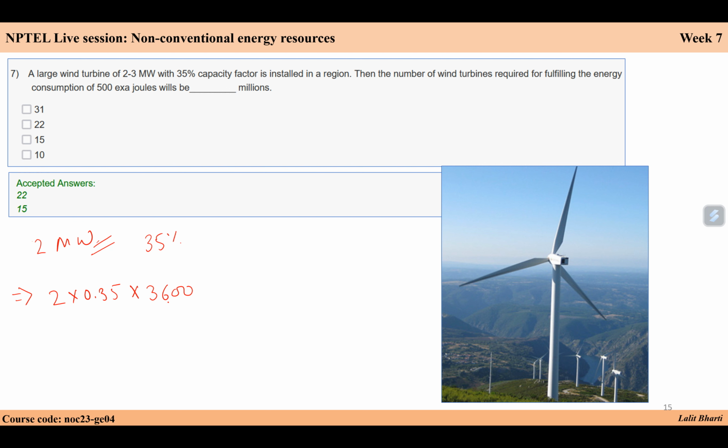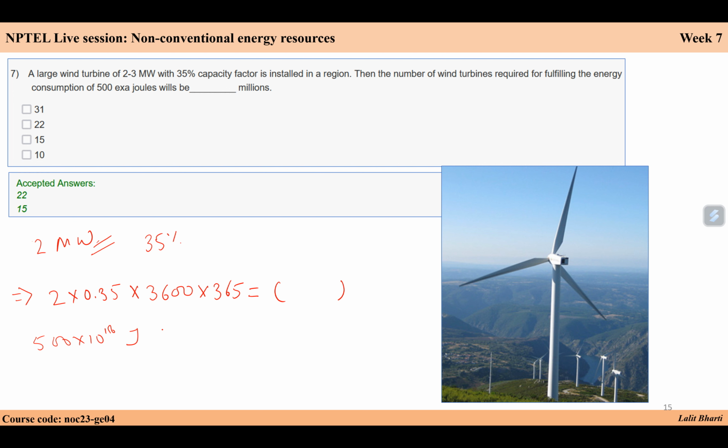Then we have to convert it into hours, then 365 days, so we will get some quantity here. And we want 500 exajoules, meaning 500 times 10 to the power 18 joules.